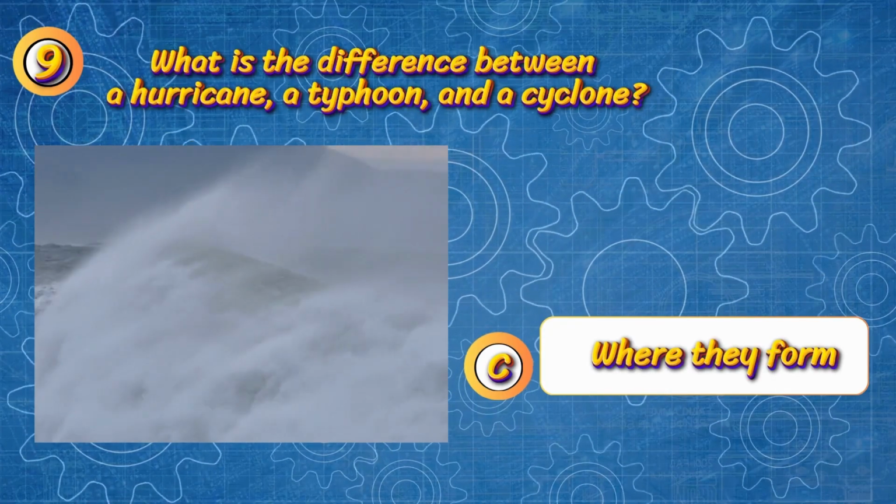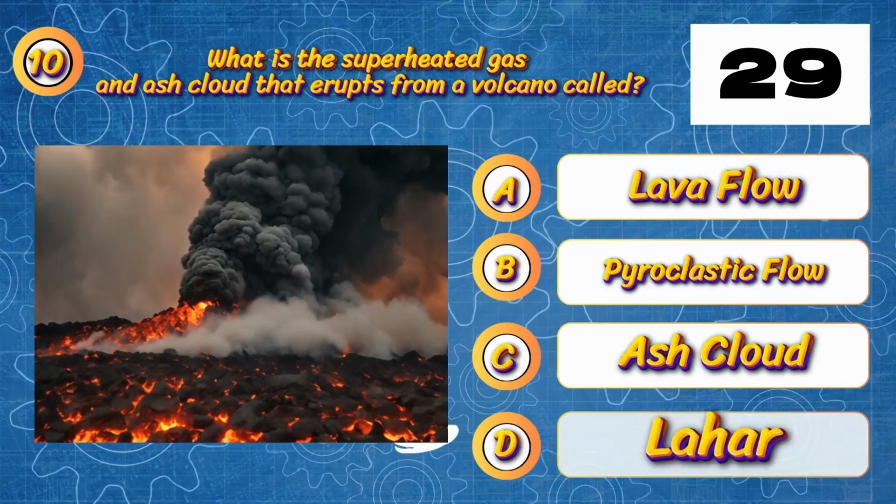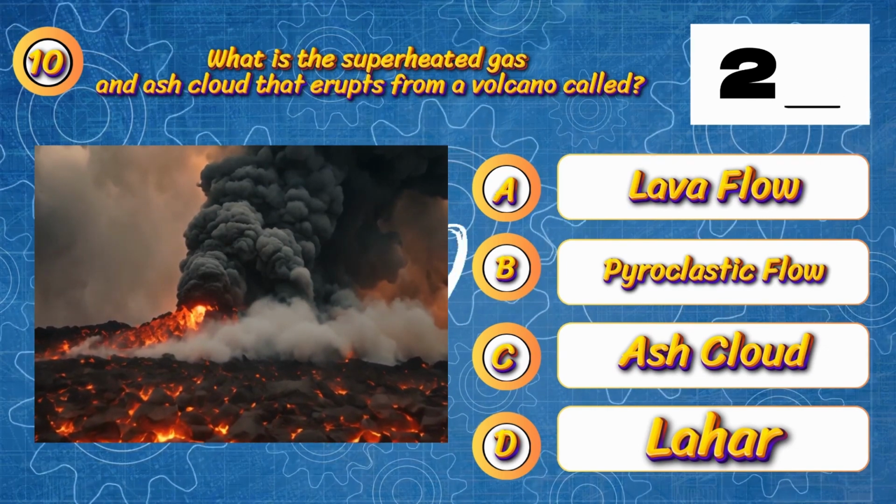C. Where they form. These storms are the same but have different names. Hurricanes: Atlantic and Eastern Pacific. Typhoons: Western Pacific. Cyclones: Indian Ocean.